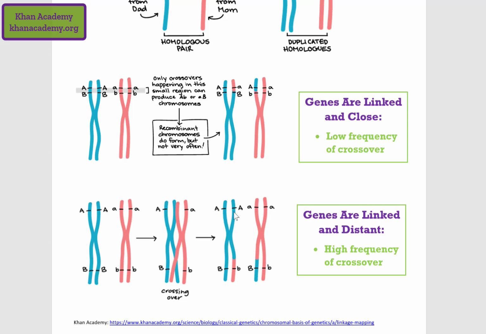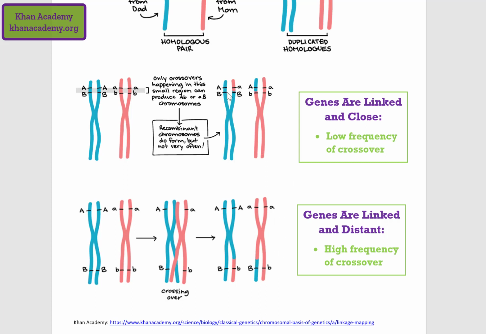And if genes are very, very far apart, then the chances of crossing over happening are very, very high because there's just a lot of space for crossing over to occur. So if we looked at the gametes for this homologous pair, we would expect to see a lot of gametes that have the results of crossing over.